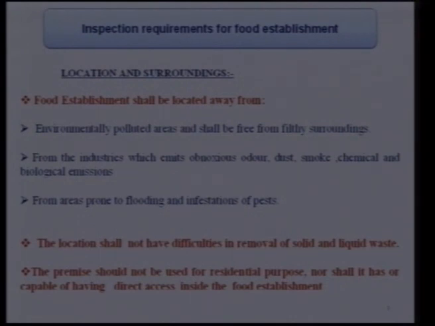The location shall not have difficulties in removal of solid and liquid waste, because in a food processing factory, particularly fruits and vegetables or meat product, there is a lot of waste and that waste should be properly and adequately removed from the factory. So one should consider these factors while setting up a food processing plant.